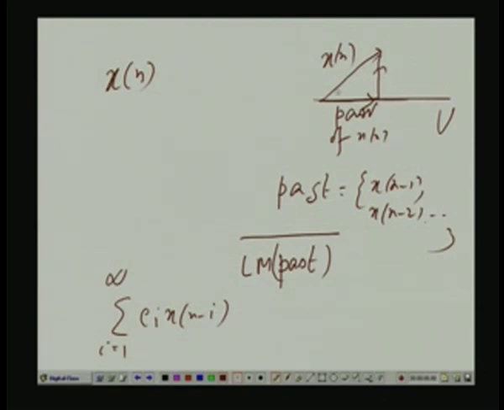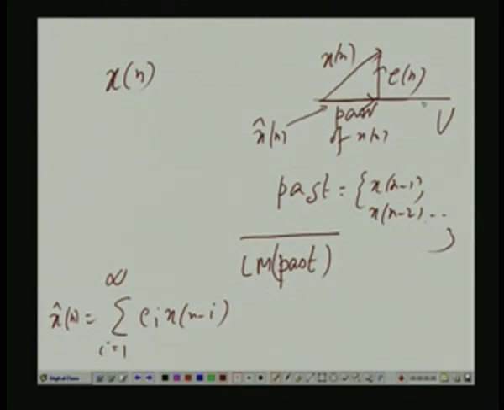If you take the error between x n and this projection, you can call it x prime n, then the error E n is orthogonal to each element belonging to past, and therefore orthogonal to this closure of LM past. Only then is this error minimum in variance.